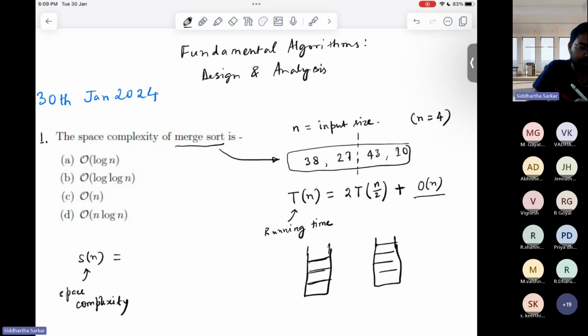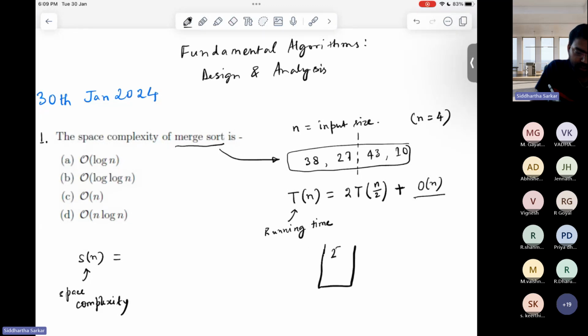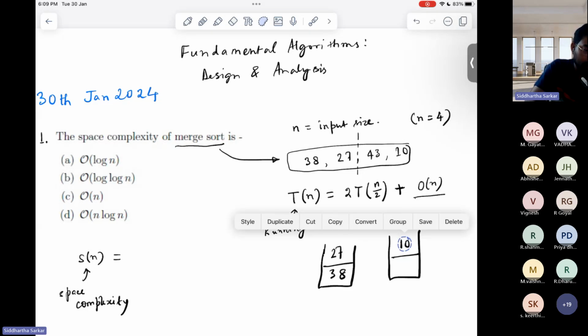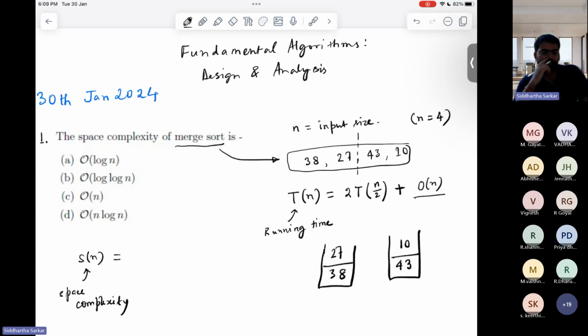Let us use this example only. In this case, one sorted list will be 27 and 38. The other sorted list will be 10 and 43, also sorted. We are sorting in ascending order. The 43 will come after 10.